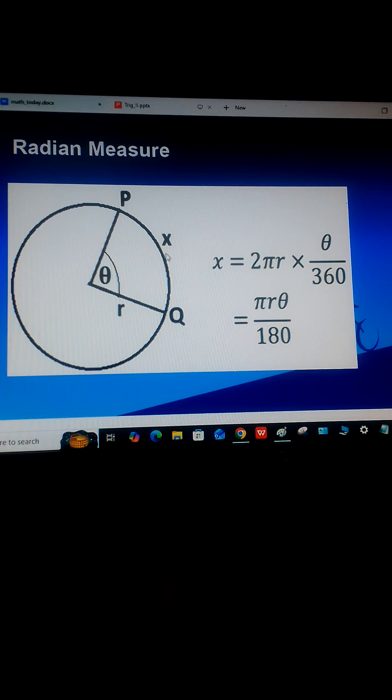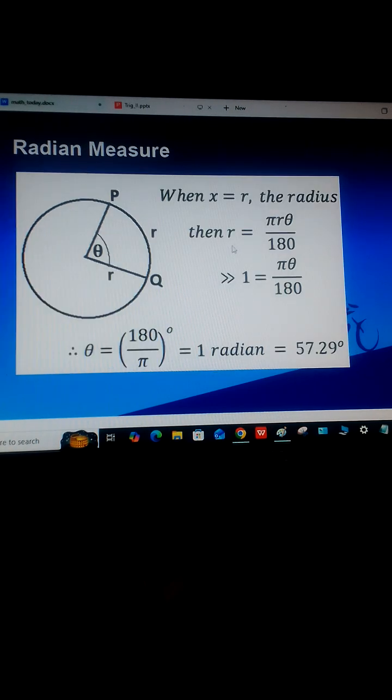So instead of x, we have r, the radius here. This length is of the same size as the radius. So x, which is now r, is equal to pi r theta divided by 180.